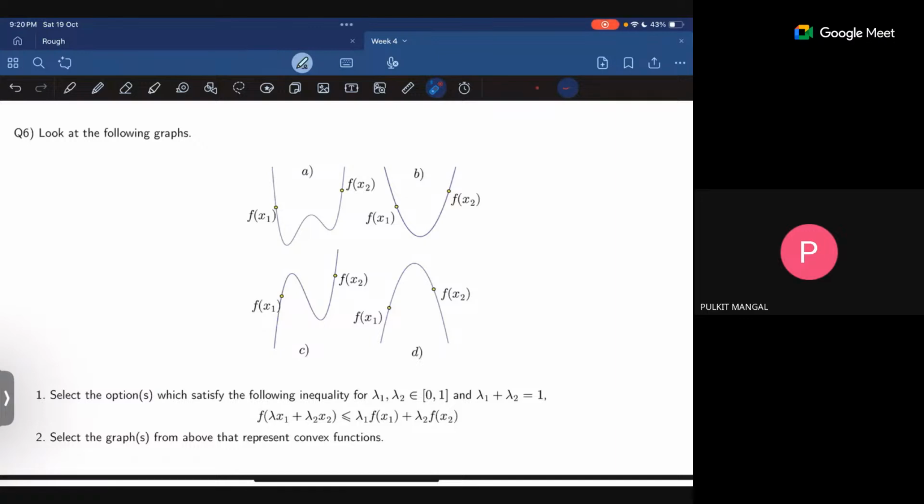So we are taking two values lambda 1 and lambda 2 such that they belong between 0 and 1 and their summation is 1. Which of the following function graphs out of these 4 satisfies this inequality? What do you think? Option D, sir. Yeah, option B. Any other option?